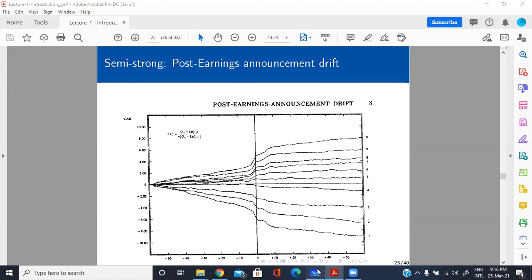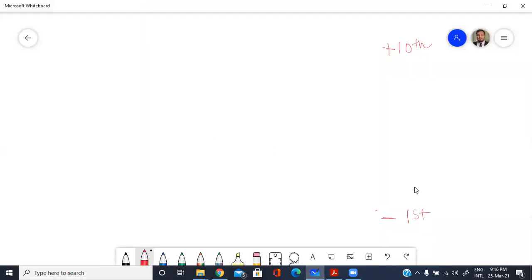Okay, overexcitement is not always positive; it can be positive, it can be negative. So overexcitement is not the term used in behavioral finance. The term is overreaction.